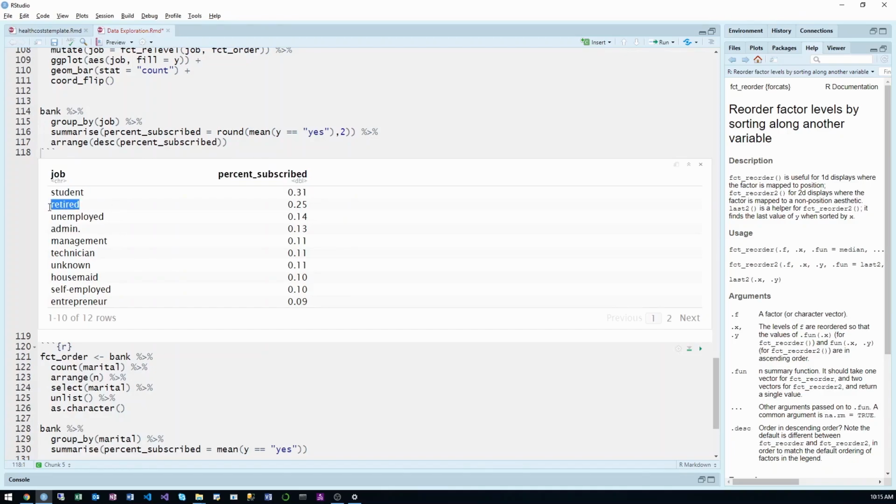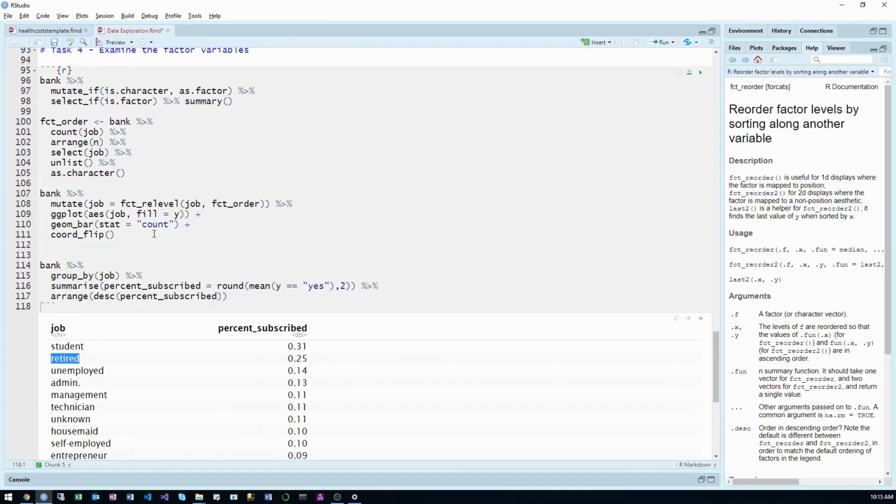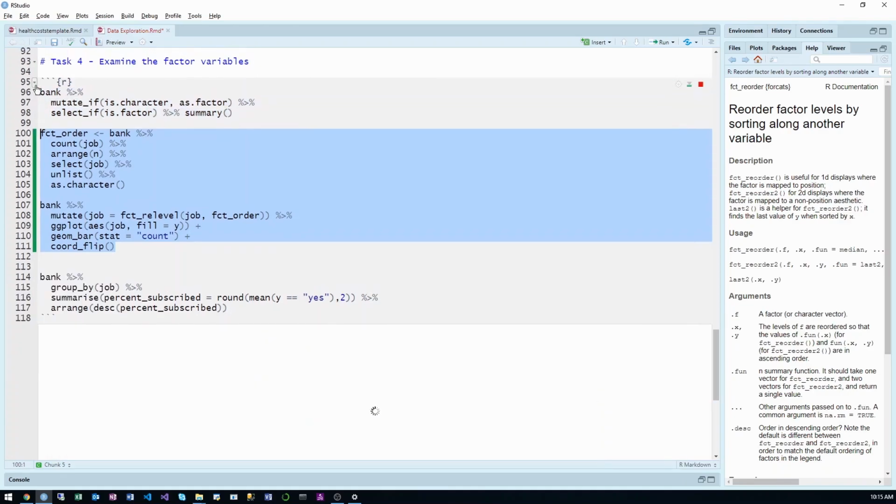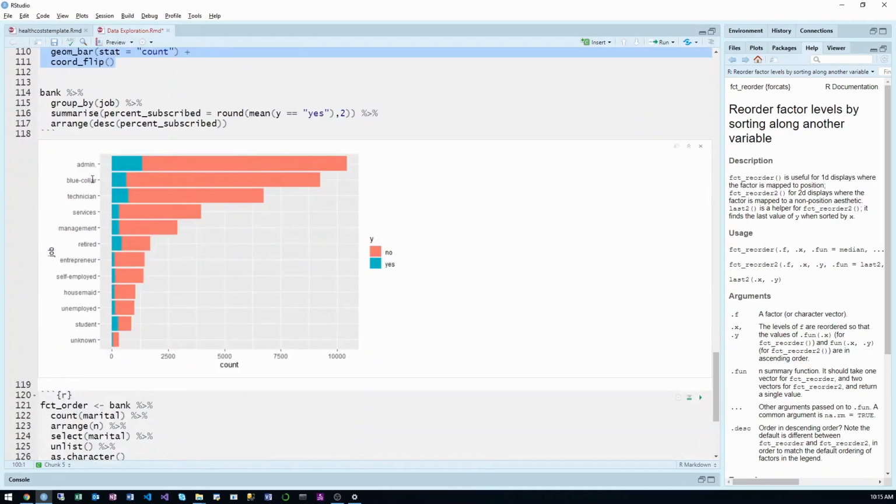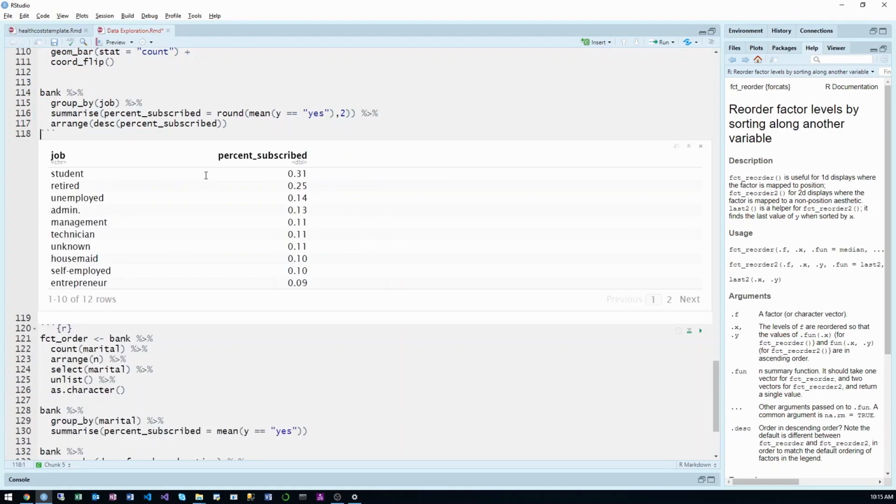Retired is 25%. Something was wrong with this bar graph because, oh, well, no, I revised what I said. This is ordered not by the rate. These are ordered by the number of total records. This graph is ordered by the rate.